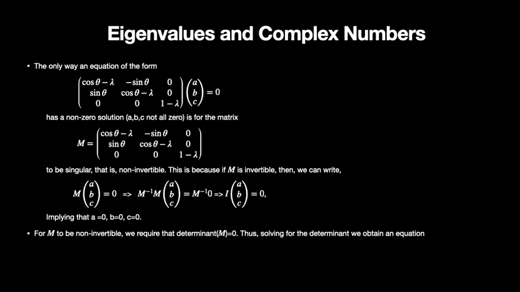Thus, what we end up finding is an algebraic equation, which we obtain by writing out explicitly the determinant of the matrix M, and this algebraic equation which you see on the last line should be equal to 0. We should be able to solve this algebraic equation. So let's see how we do that.